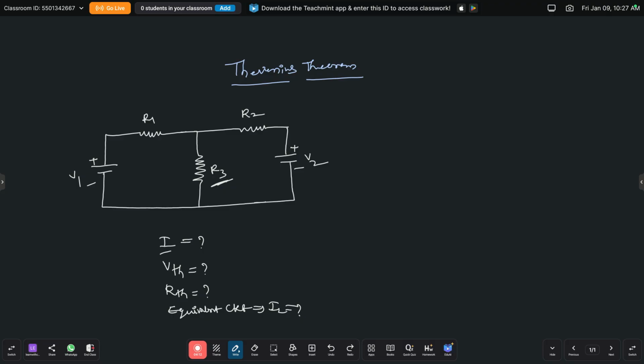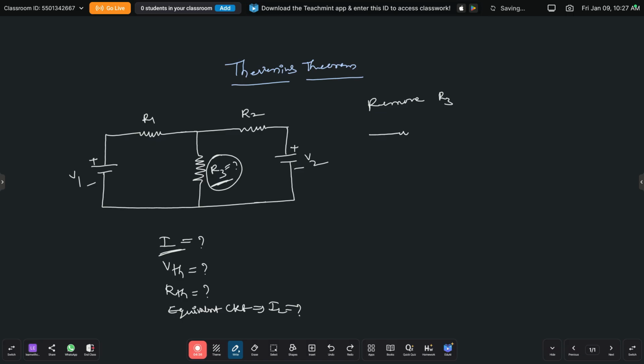So first, how can we find the current I? To find the current I, the branch where we need to find the current should be removed. Suppose we need to find the current through resistor R3; first we just remove R3.